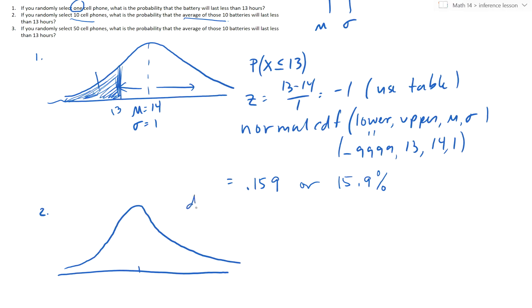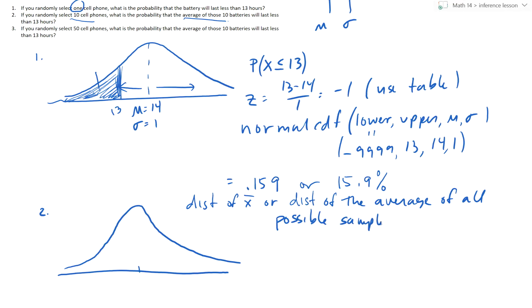This is the distribution of x bar, the distribution of the average of all possible samples of size n.